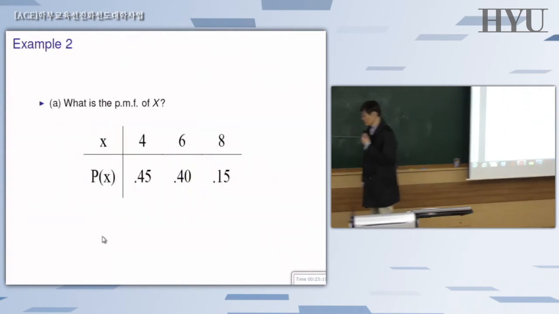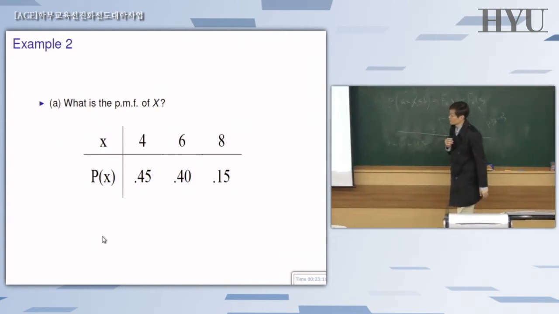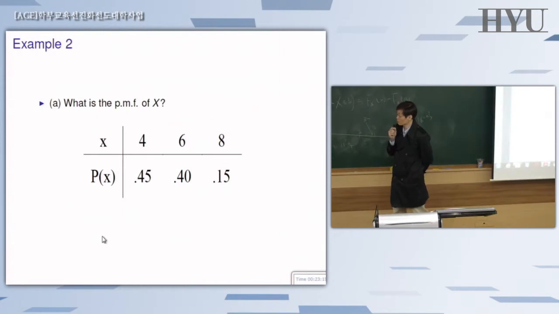Cannot be simpler than that. So list out those possible values taken by x, either 4, 6, or 8, and for each the corresponding probability: 45% chance for the smallest number of cylinders, then the middle one, 40%, and the last one comes with a probability of 15%, or 0.15.